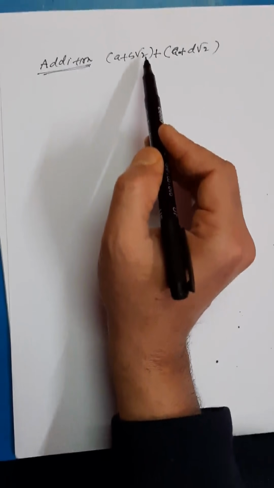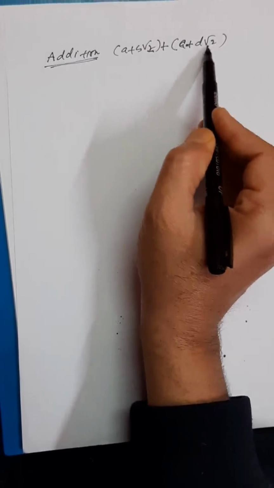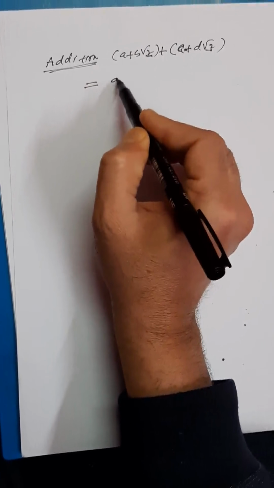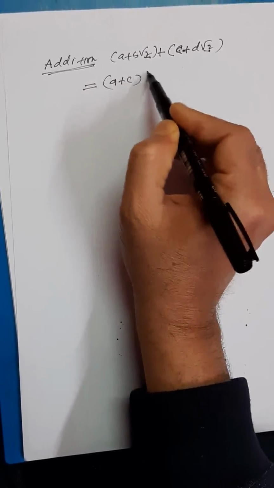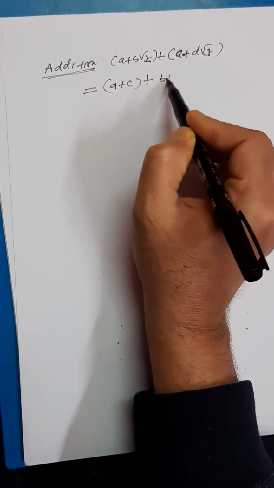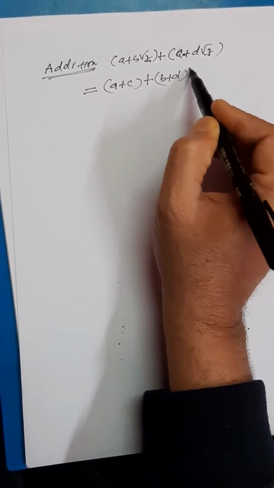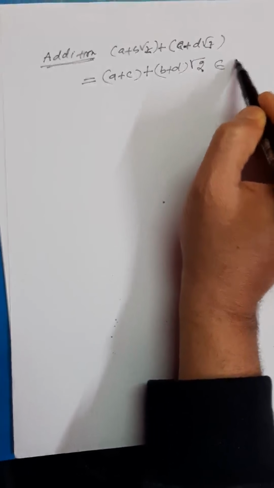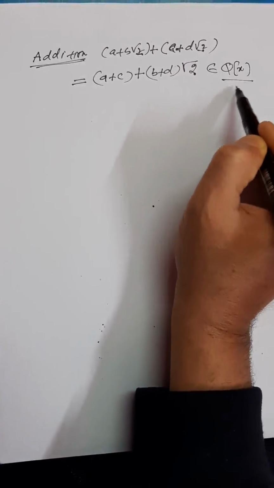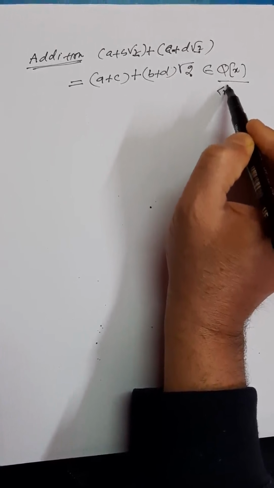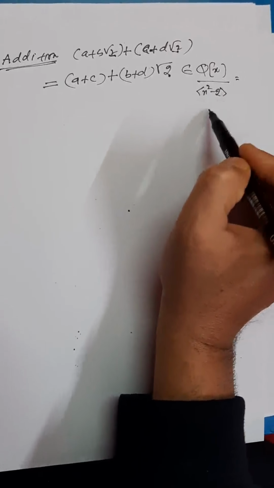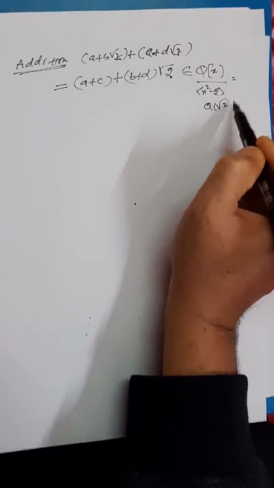The members of this field are polynomials in √2, so we just add these polynomials component-wise: (a + c) + (b + d)√2. So again, a member of this field Q[x] over the ideal generated by x² − 2 is equivalent to writing Q(√2).